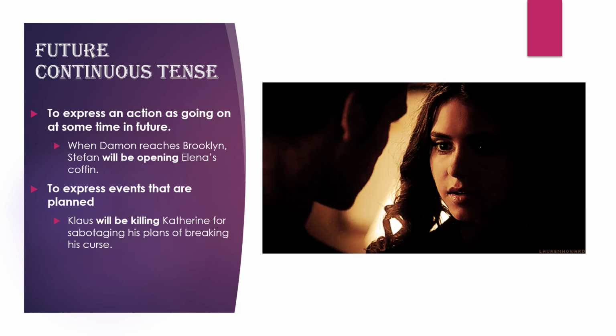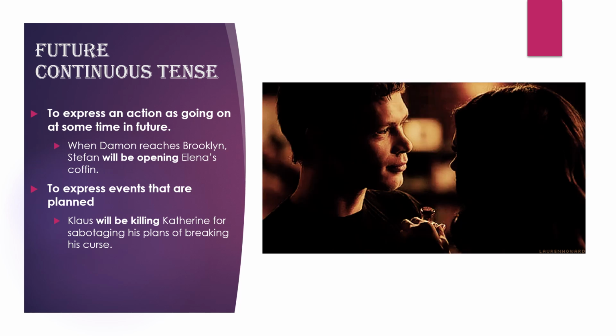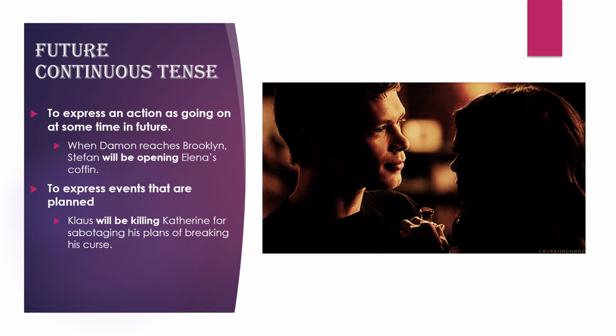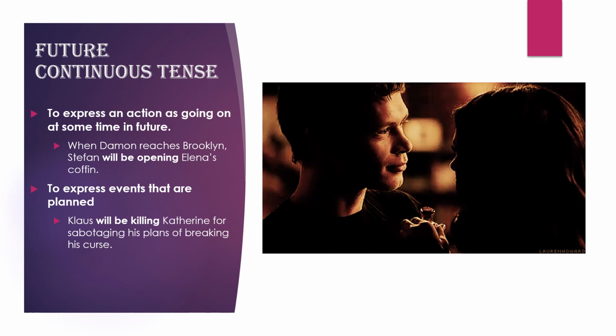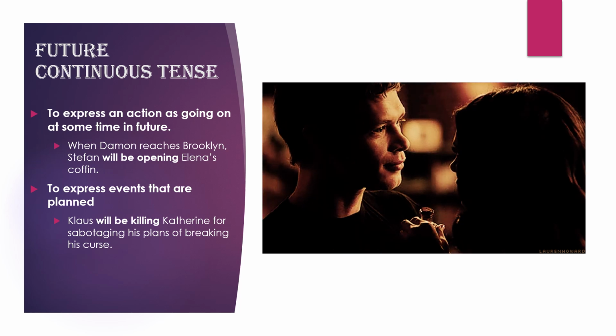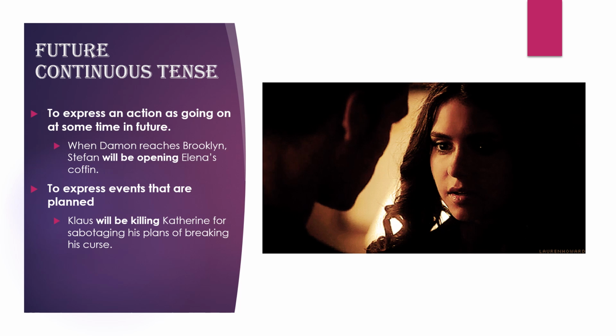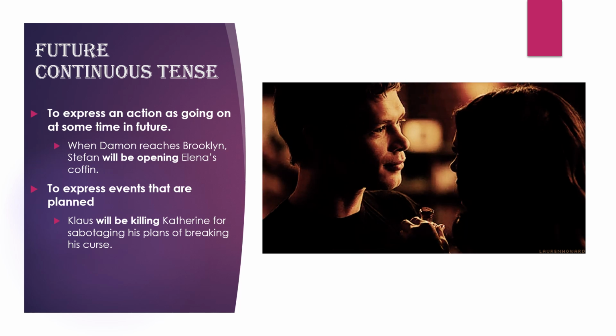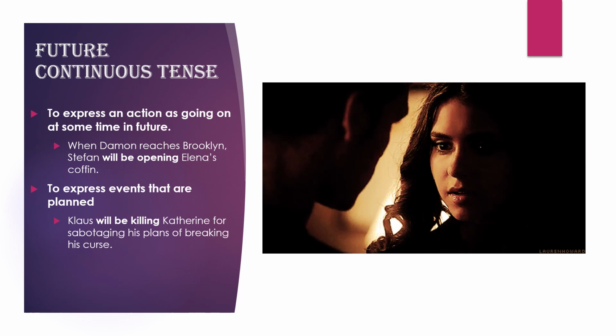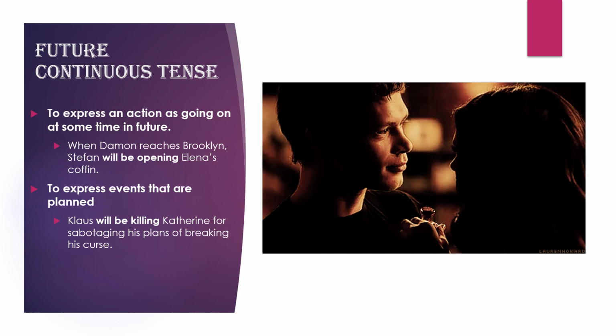So now there's a certain character, Klaus. He had a curse, a werewolf curse. So in order to break that curse, he wanted Catherine's blood. Now for having that blood, he was planning and plotting, and he wanted to kill Catherine and use her blood. But Catherine got to know about it and she escaped.